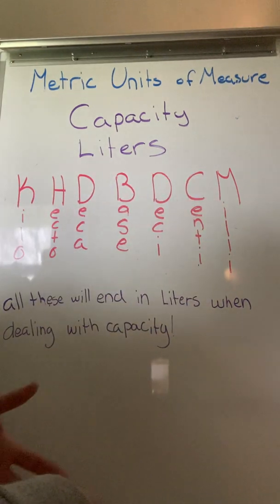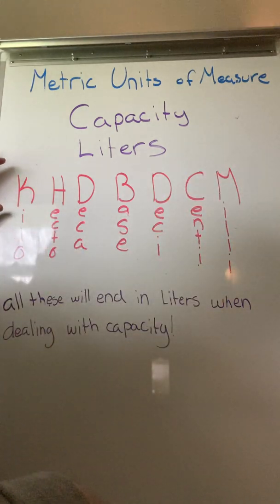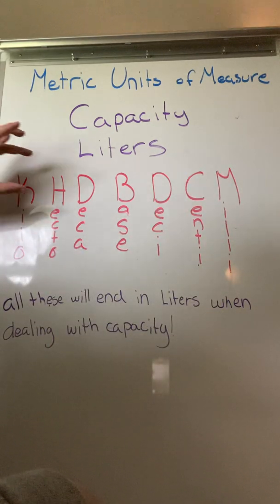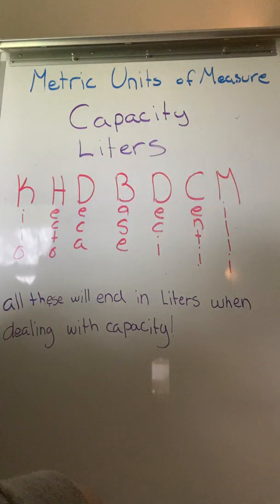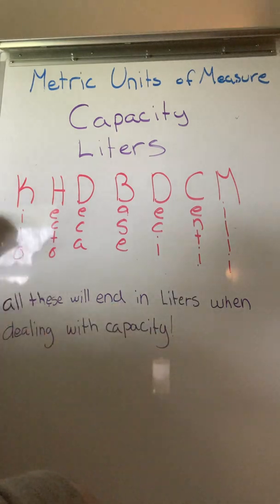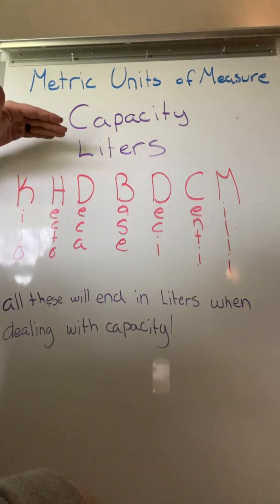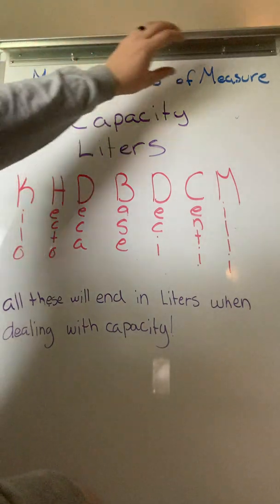So that story about King Henry died by drinking chocolate milk is just like an acronym to help us remember kilo, hecto, deca, base, deci, centi, milli. All right? And all of these today are going to end in liters. These are kind of like a prefix. Our suffix would be liters. This would be our base word for our metric units of measure.